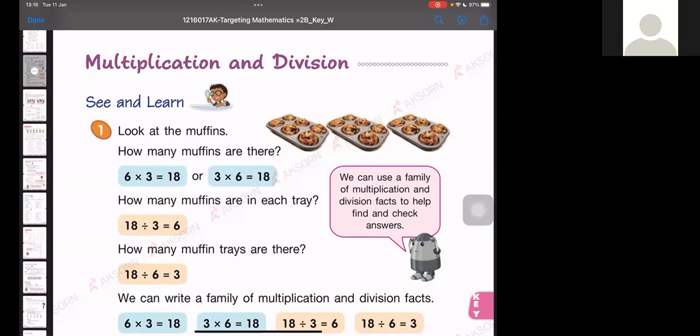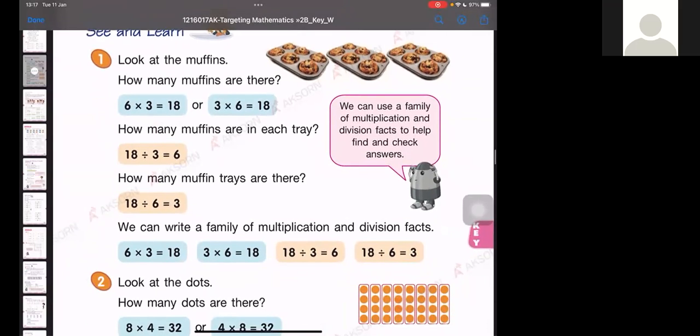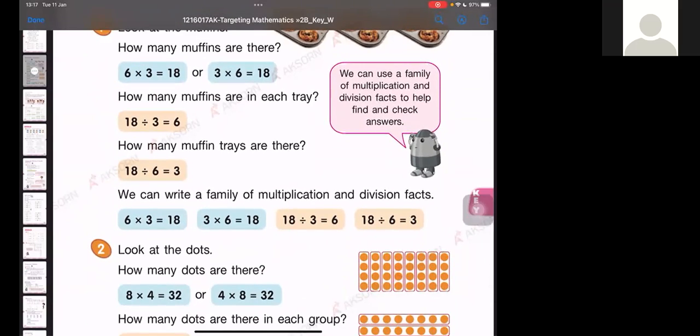Very good. So now we can write a family of multiplication and division facts. So we have here 6 times 3.